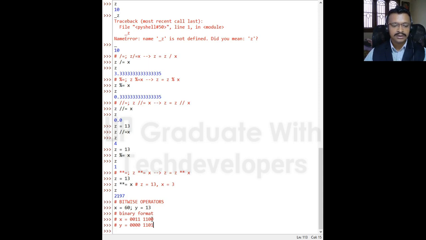So in x, the first digit from the right side, right to left, is 0, and in y the first digit is 1. So it will not copy.